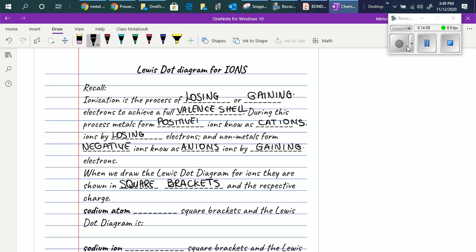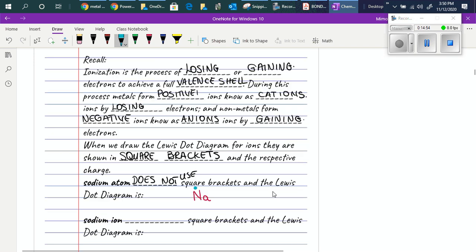So a sodium atom, when we draw the Lewis dot diagram, does not use square brackets, and the Lewis dot diagram for sodium, since it is in the first group, will be only one electron in the outer shell.